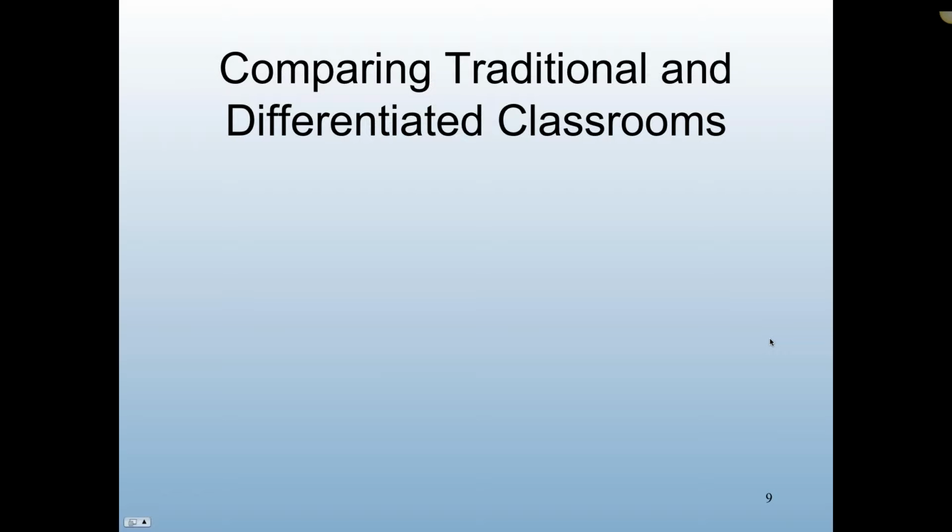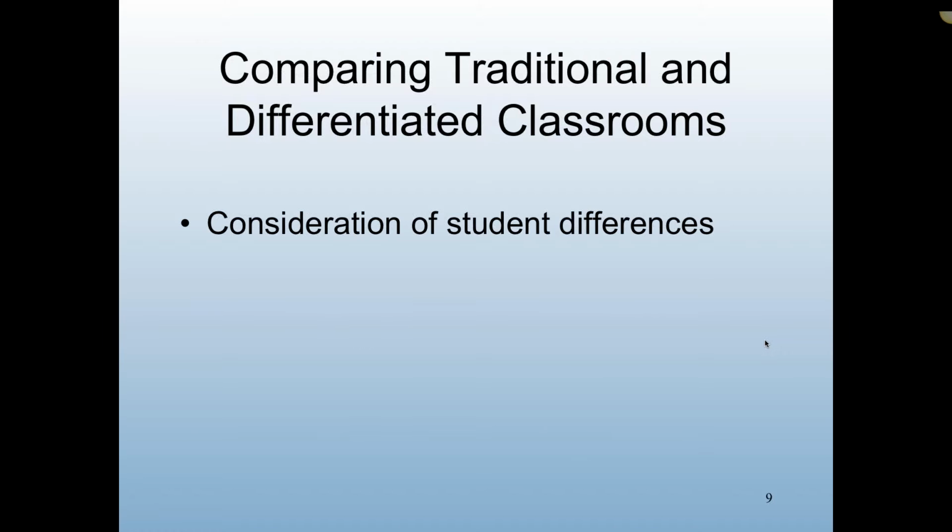So you know that a traditional classroom looks very different from a differentiated classroom, because you're considering student differences. Even the use of assessment can be done differently in a differentiated classroom because some students may take a test and others may not, or maybe nobody takes a test and everybody's doing a different product.